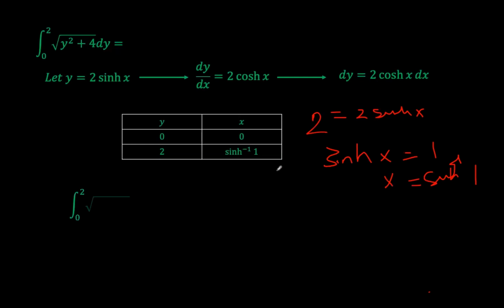So the limits, we devise them appropriately. We have 0 as the lower limit, and upper limit arc sinh, or arc hyperbolic sine, of 1.